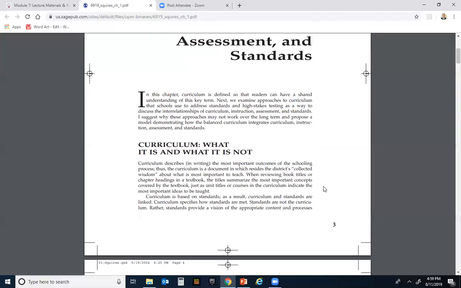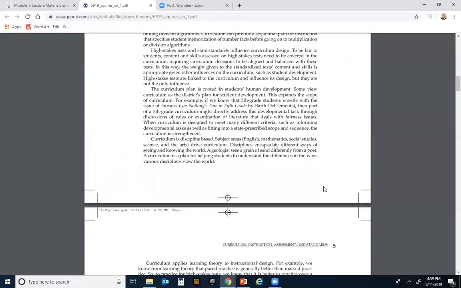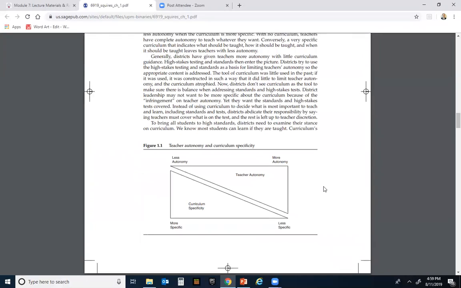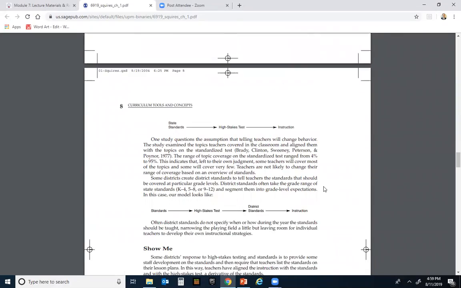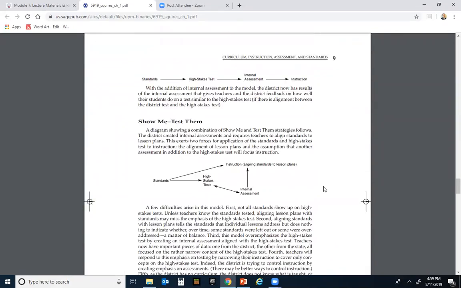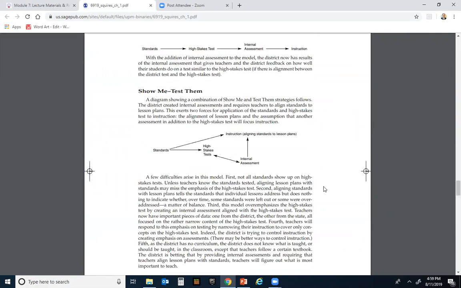And it goes through a couple of different things as far as what curriculum is and isn't, and it talks about the teacher's role and some of the things that are related to curriculum. As you look through this chapter, I really think that this is what's going to help you with this particular prompt.